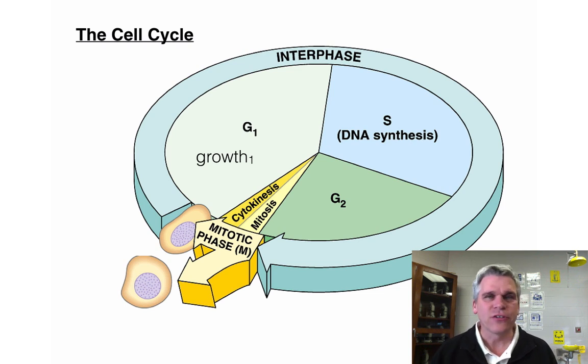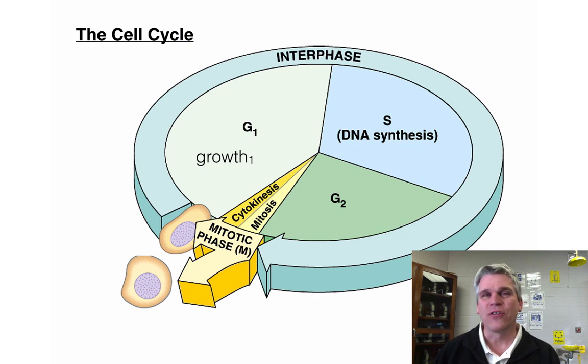So if this is a liver cell, it's doing one of the 500 functions of a liver cell. If this is a kidney cell, it's helping to filter out the blood. If it's a hair cell, it's being hairy, I guess. Most of the lifespan of a cell is spent in the G1 phase.